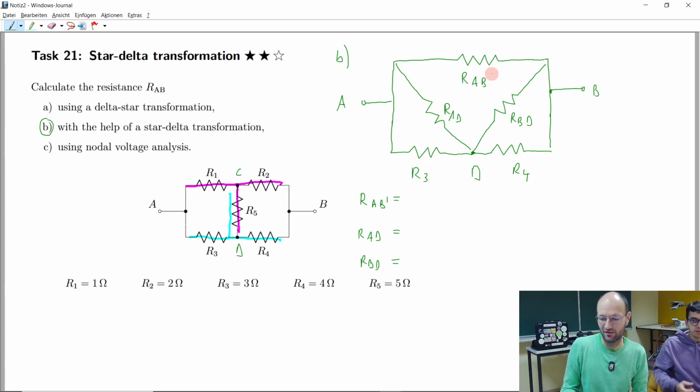This is just the one that we need in our transform here. At the end, we would still need to find RAB, the equivalent resistance between these 2 nodes here. And let me also draw some soldering dots here, points that connect the branches with each other. And so at the end we would need to find a formula here for this equivalent resistance. But at first we look at the transform.